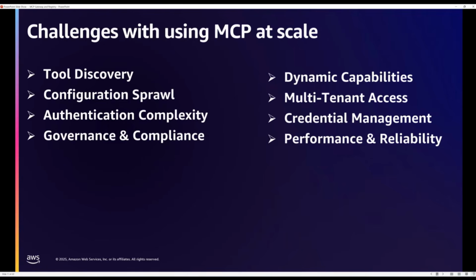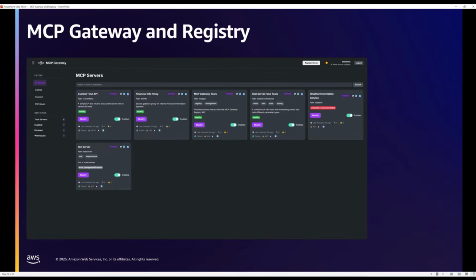And one such solution that provides an opinionated way of solving that problem is the MCP gateway and registry solution. This is an open source project, and we will look at this momentarily. We'll also have a live demo, which says, hey, here is a curated set of MCP servers. What you're looking at is what we would call an MCP registry.